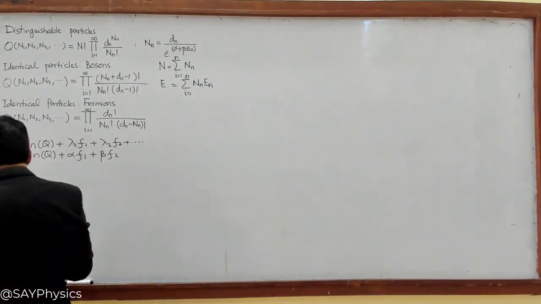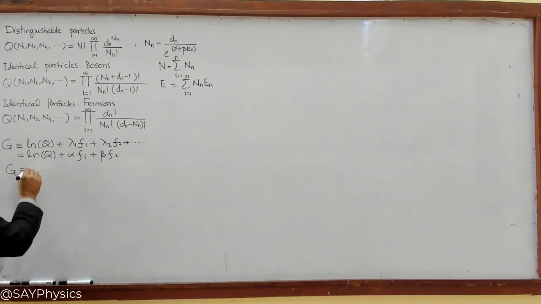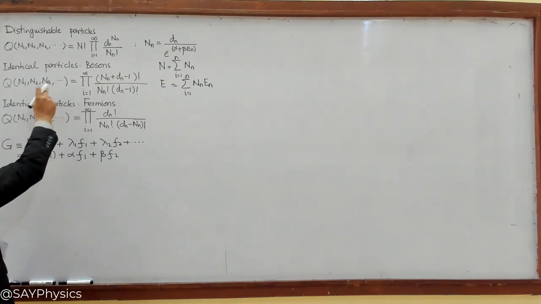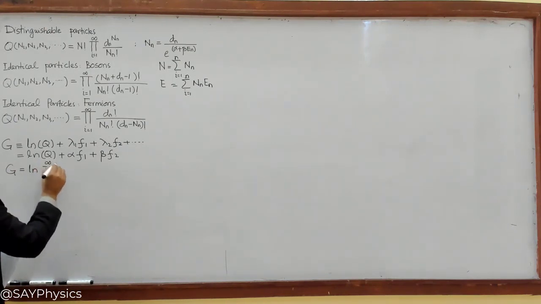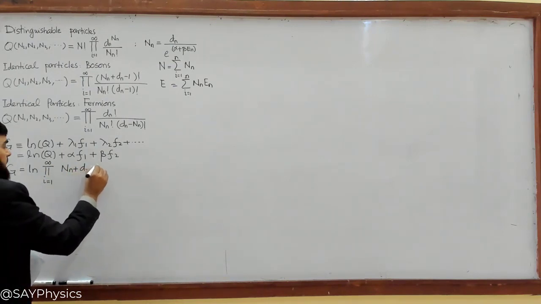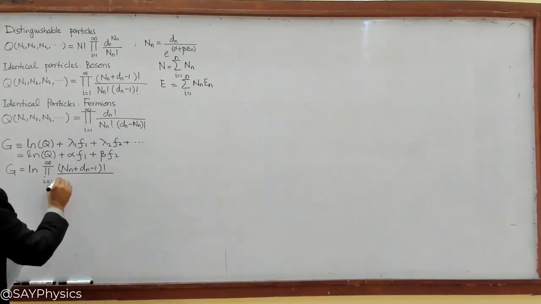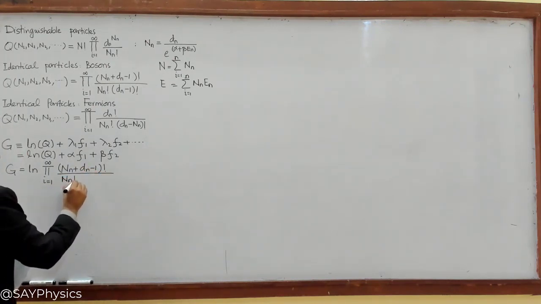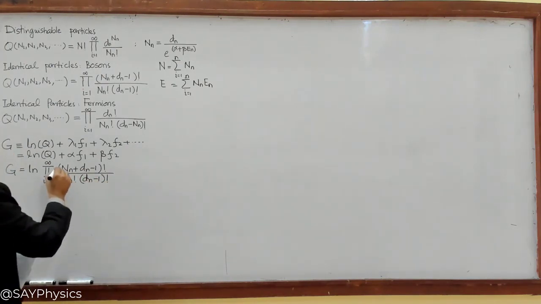So according to this, we are writing our G function here, and G is equal to log of this Q. And Q we are having is the product from i running from 1 up to infinity, n_n plus d_n minus 1 whole factorial divided by n_n factorial d_n minus 1 factorial.